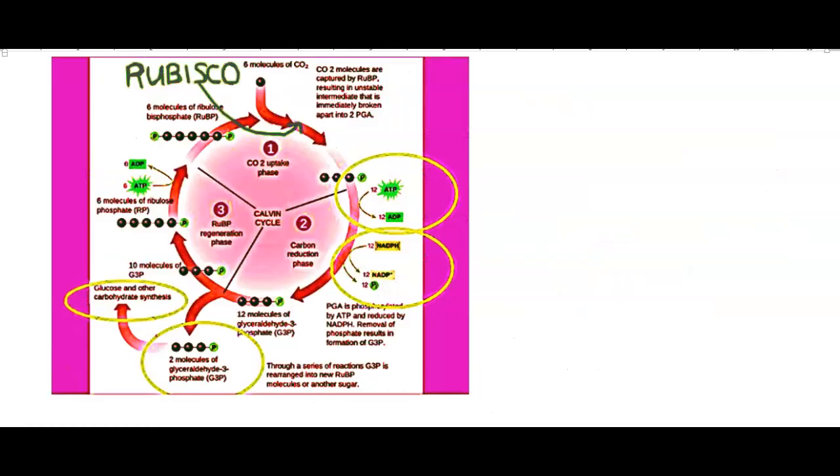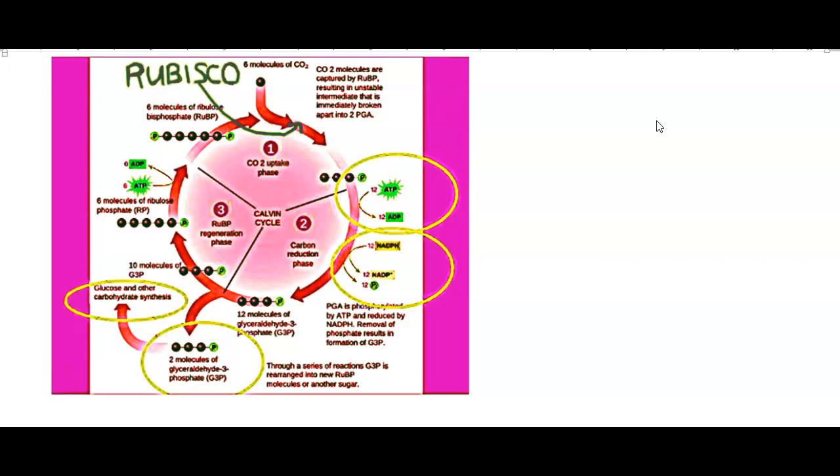This next picture is as if it has gone around twice. So these are as a result of going around twice. So start out with RuBP, 5 carbons, 2 phosphates. Since this is a result of going around twice, we're going to have 6 molecules of carbon dioxide. So Rubisco, remember Rubisco.